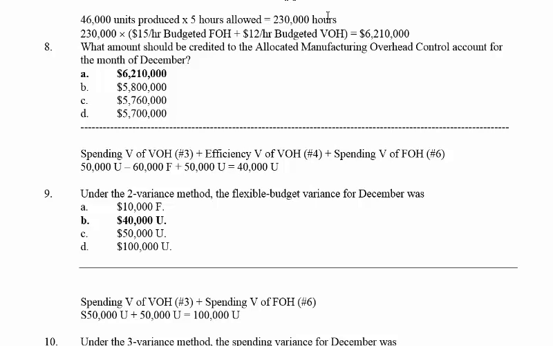And that 230,000 hours allowed would be multiplied times those budgeted rates, for fixed overhead and for variable overhead. So 15 an hour and 12 an hour equals 27 an hour. 27 an hour times 230,000 hours means we would have allocated $6,210,000.